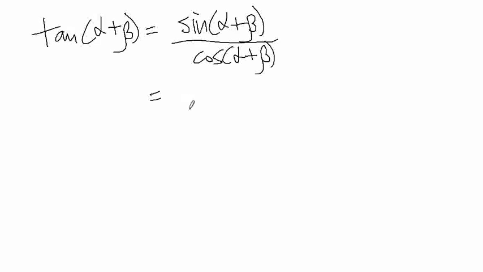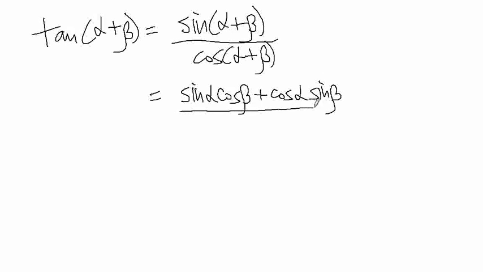The numerator is equal to the sine of alpha times the cosine of beta plus the cosine of alpha times the sine of beta. And the denominator is equal to cosine alpha cosine beta minus the sine of alpha times the sine of beta.